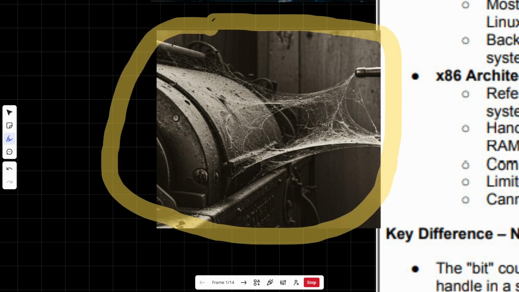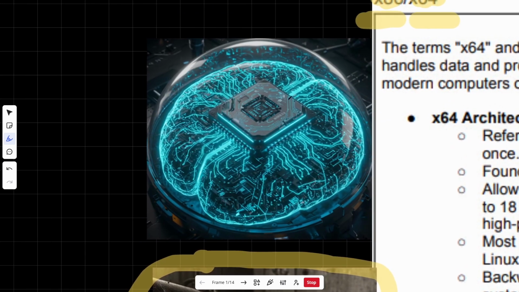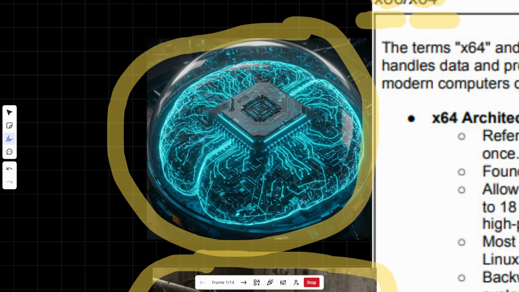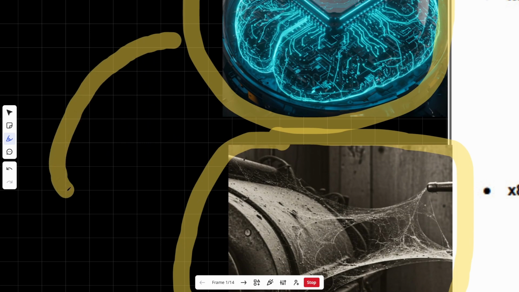It's going to have cobwebs. It's going to be able to use older software and programs, but it's not going to be able to run any newer software or programs that require a 64-bit CPU architecture. Whereas the x64 architecture is new and modern and can handle all of those modern x64 programs and applications, and it can also be backwards compatible and run those older ones as well.